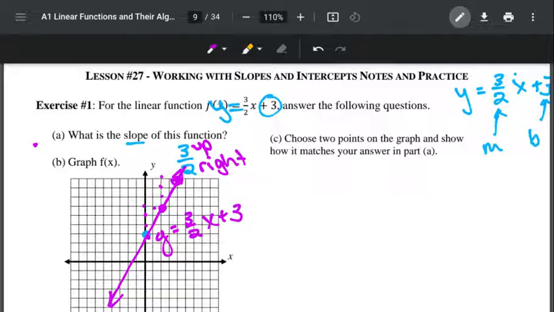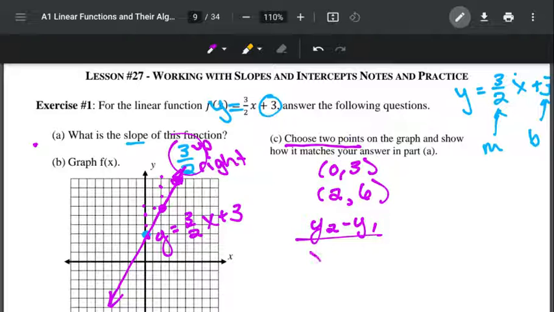Now part C, choose 2 points on the graph and show how we get our slope of 3 over 2. So I'm just picking points on my graph, 0, 3, and 2, 6, I think that is. And now I'm going to use my slope formula, y2 minus y1 over x2 minus x1, and plug those numbers in.